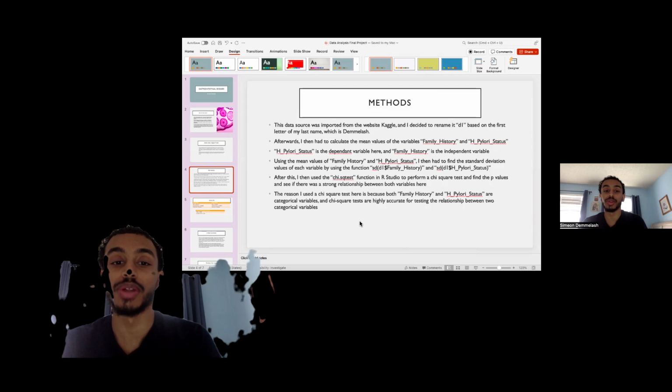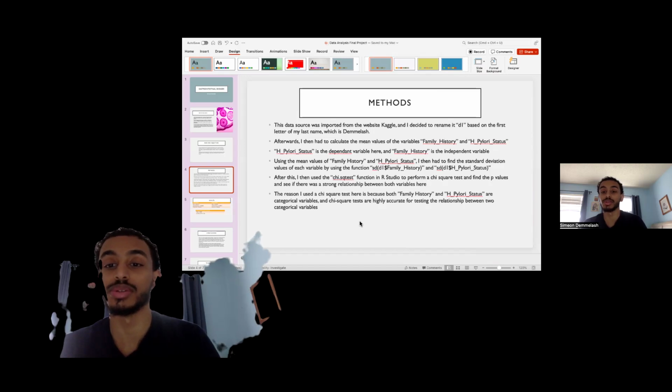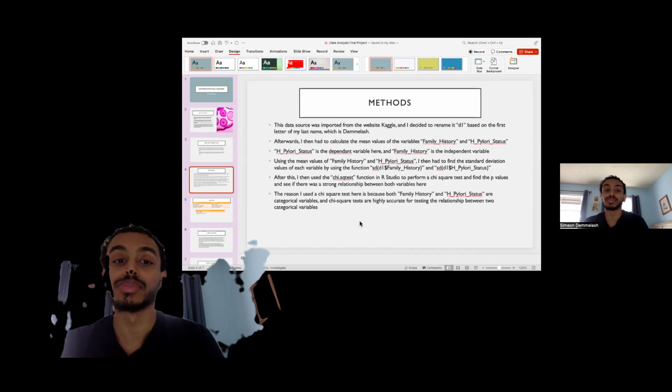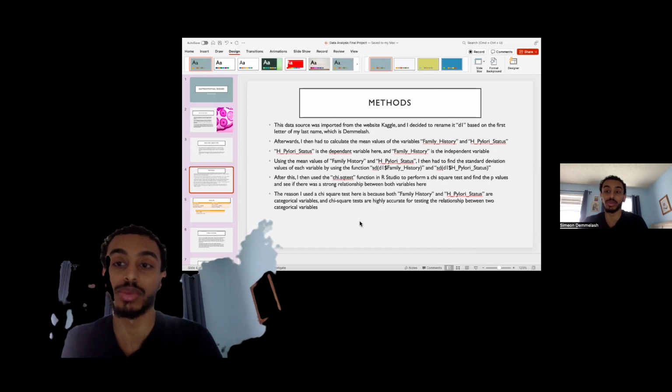And using the mean values of family history and H. pylori status, I then had to find the standard deviation values of each variable by using the function sd_d1 score family history and sd_d1 H. pylori status. Following this, I then had to use the chi-square test function in RStudio to perform a chi-square test and find the p-values and see if there was a strong relationship between both variables here.